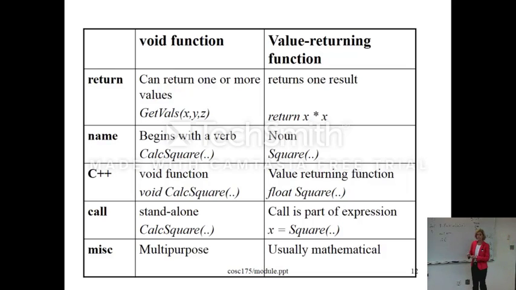Did everybody write this? If x is greater than or equal to 0, ans equals true, else ans equals false, return ans. Okay, cool? Everybody knows how to write this value returning function.